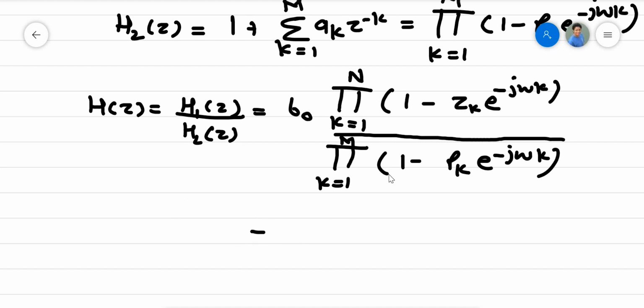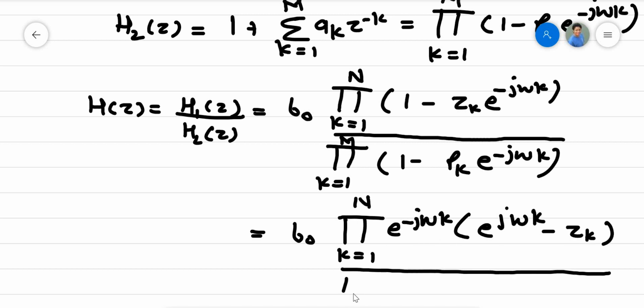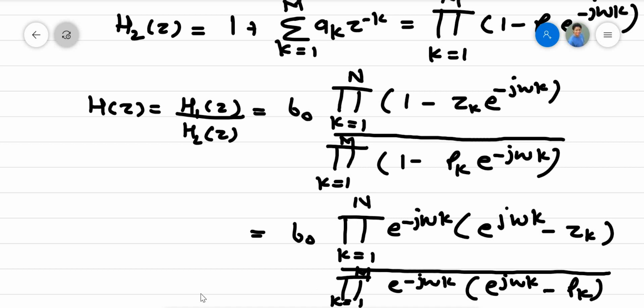Right? So we can take e^(-jω) common, then H will be the product k equals 1 to n of e^(-jω)(e^(jω) minus z_k), over the product k equals 1 to m of e^(-jω)(e^(jω) minus p_k).